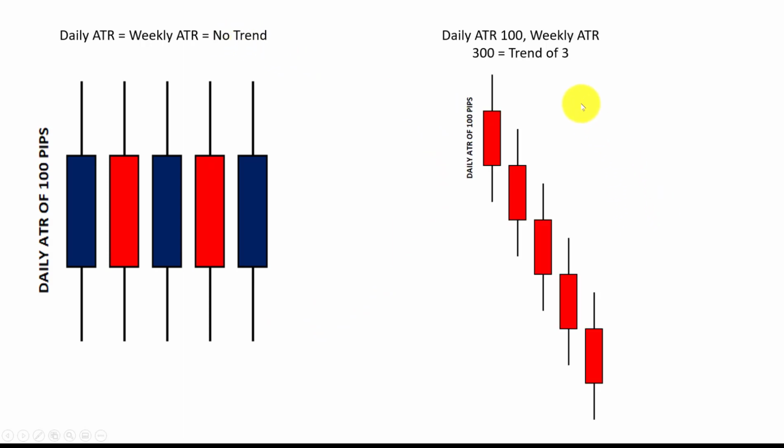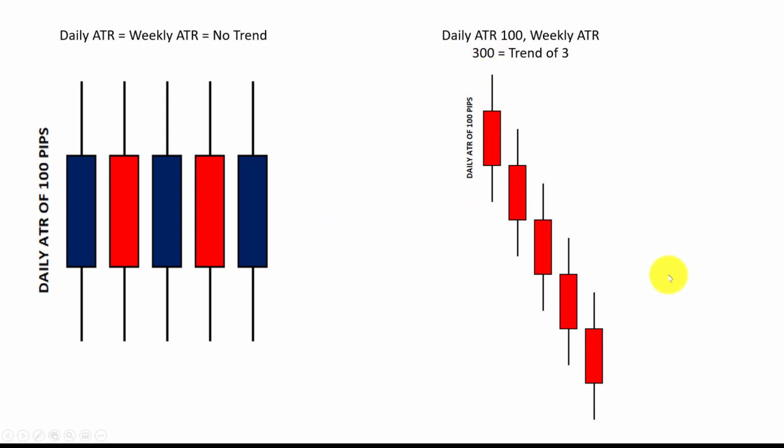However, if you compare it with another currency that has a 100 pip candle, but one that actually trends, you can see another 100 pip candle, another 100 pip candle, another 100 pip candle, and so on. Now suddenly when we look at the week, we say that the week has a 300 pip range, whereas the daily has a 100 pip range.